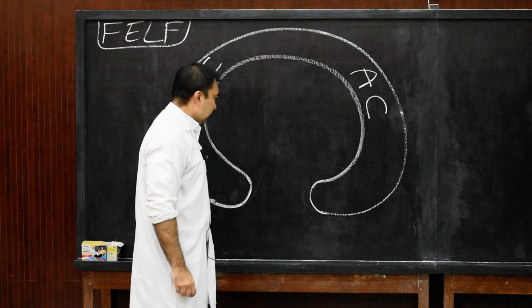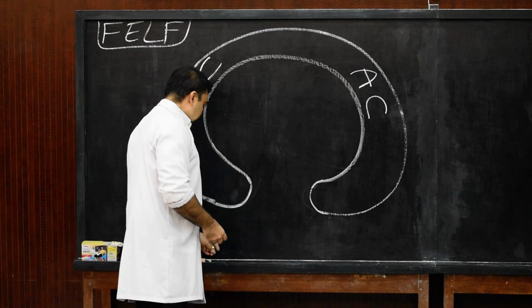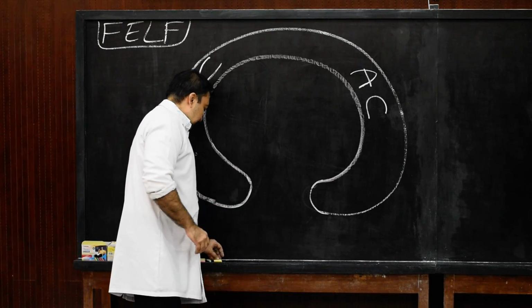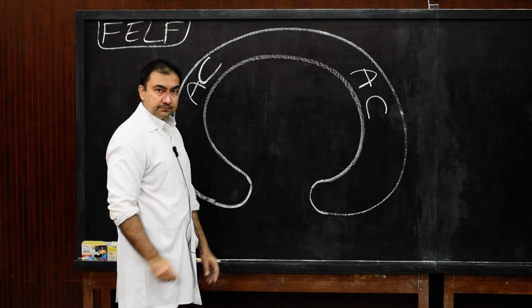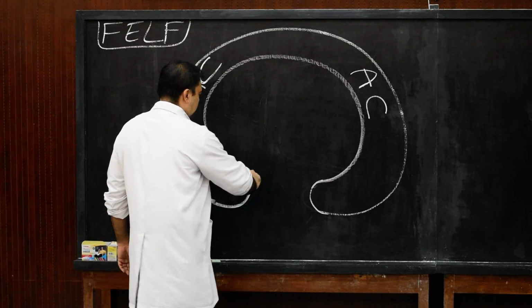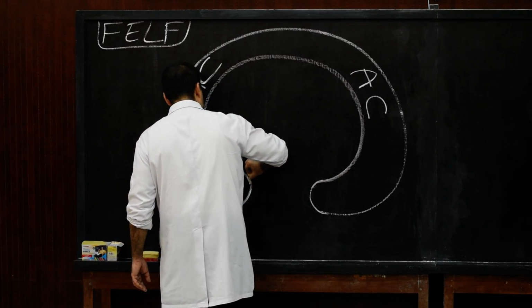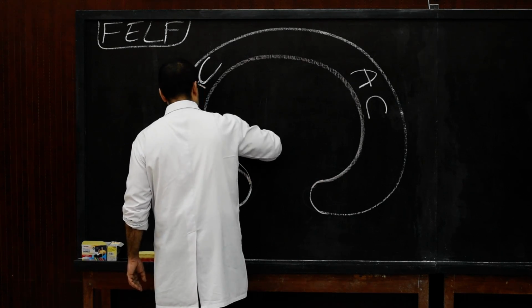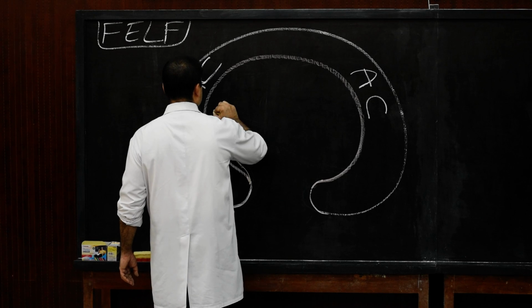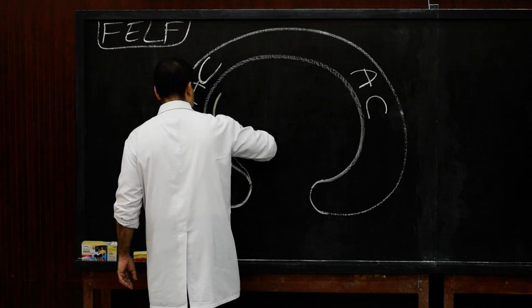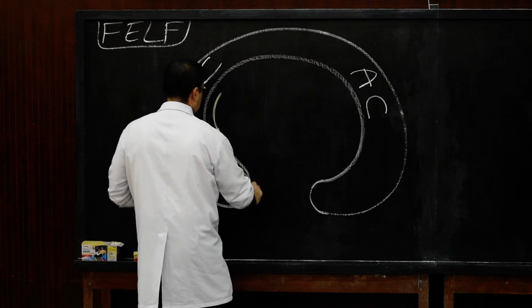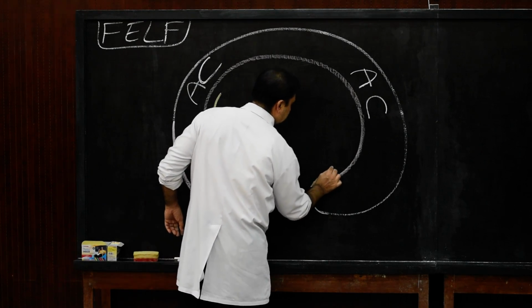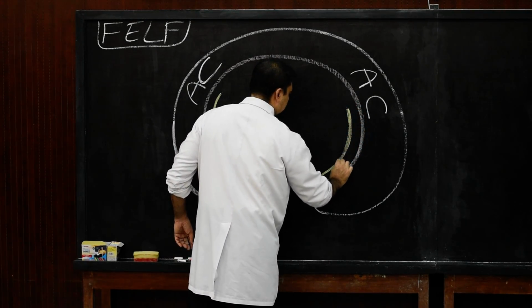So somatopleuric layer we start with, first let me start with the yellow color. So with the yellow color I will start from here, and gradually this yellow color I will line it inside the concavity of this entire amniotic cavity. Here also I will line the concavity of this.